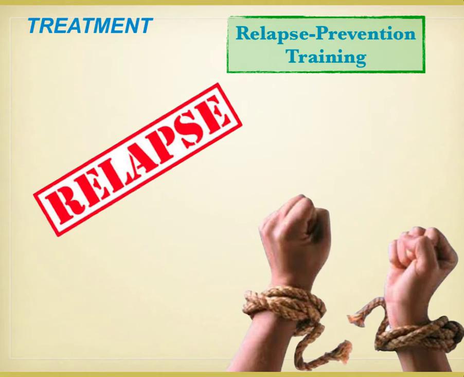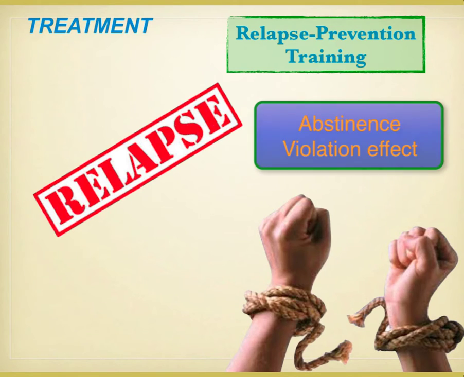One of the risks associated with relapse is the abstinence violation effect. This is the tendency for someone going through relapse prevention training to fall back into a relapse and then overreact to those lapses.